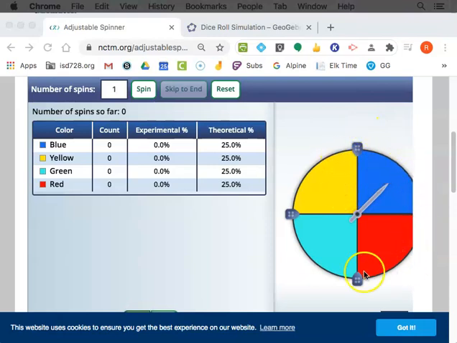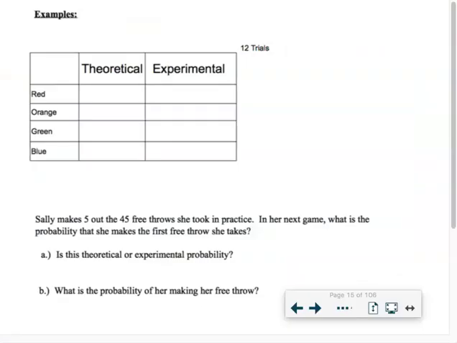But we have 4 spaces in our spinner that are equally spaced out. So that means each one theoretically has an equal chance to pop up, which means each one has a 1/4 or a 25% chance of popping up. Okay.